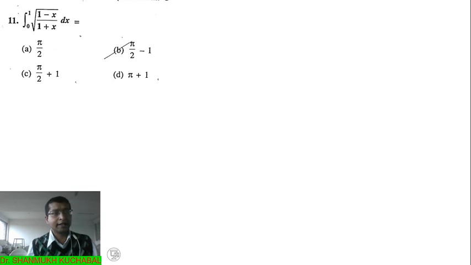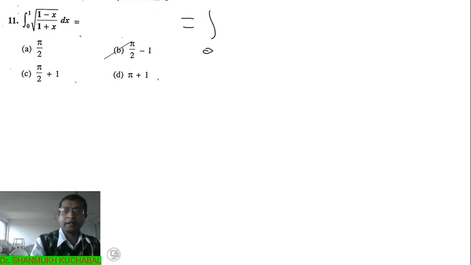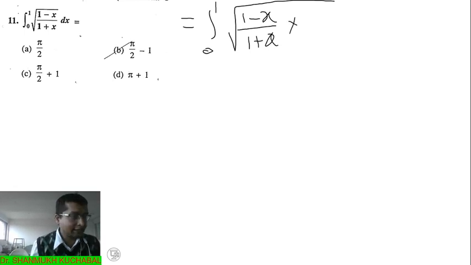Further, the next example is the integration from 0 to 1 of the square root of 1 minus x divided by 1 plus x. To simplify it, we will do the rationalization.